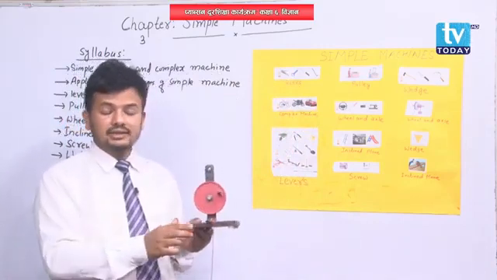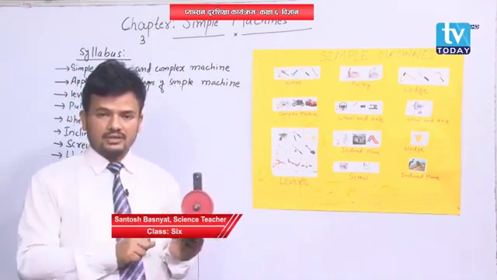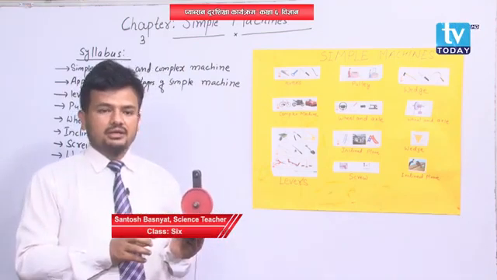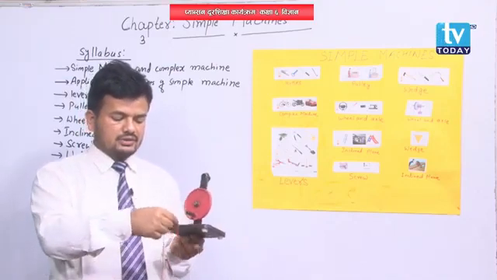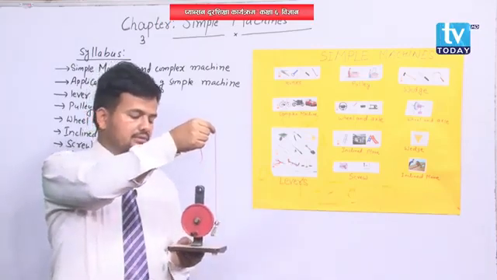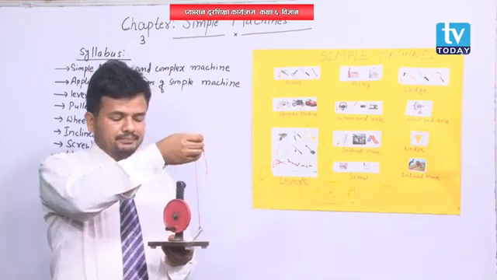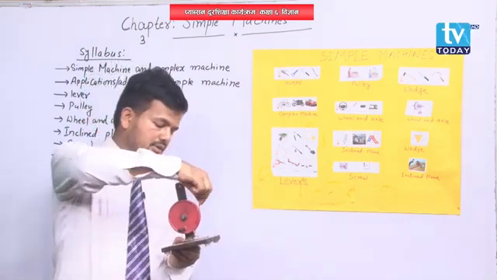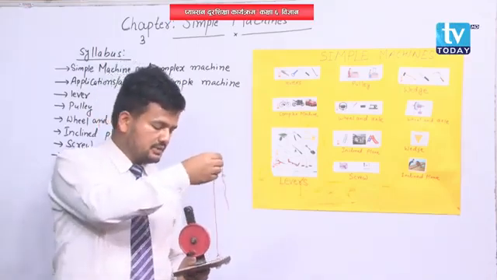this is a pulley. You know pulley. A pulley is used to draw water from the well. You might have seen people using a pulley in the well. How do they use it? They keep a bucket at one end of the rope and put the rope in the grooved rim.